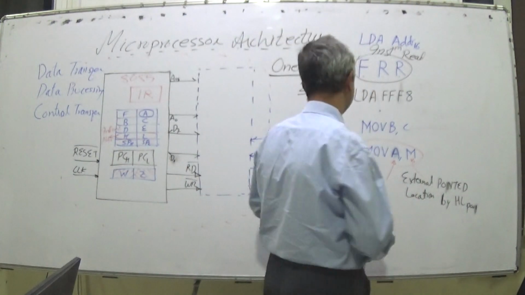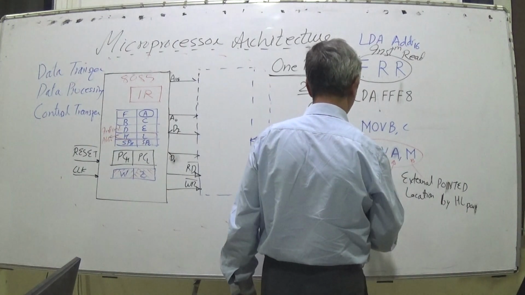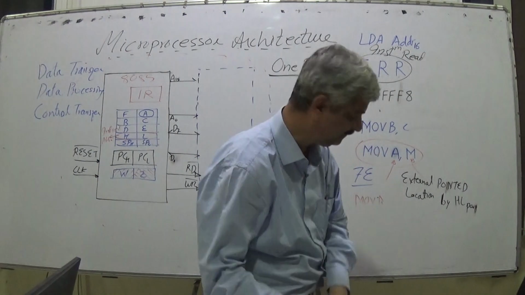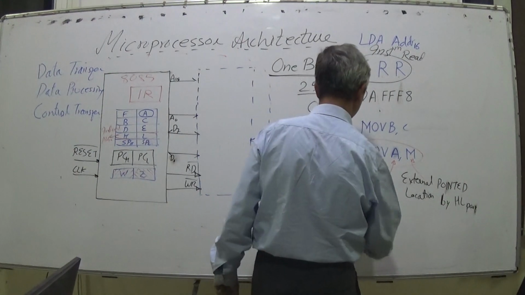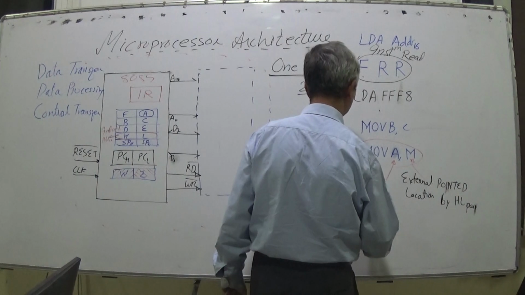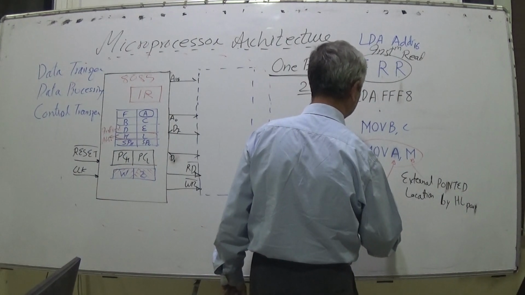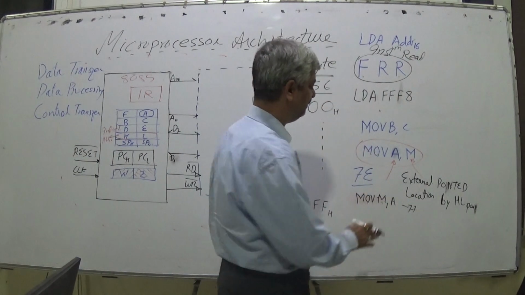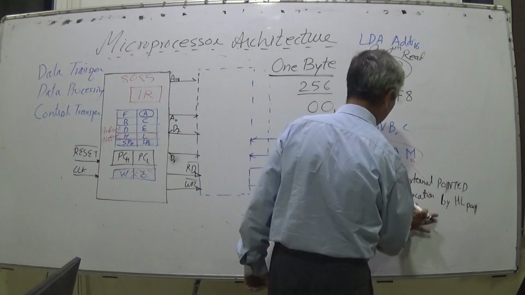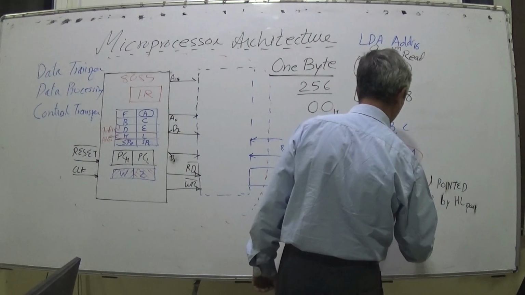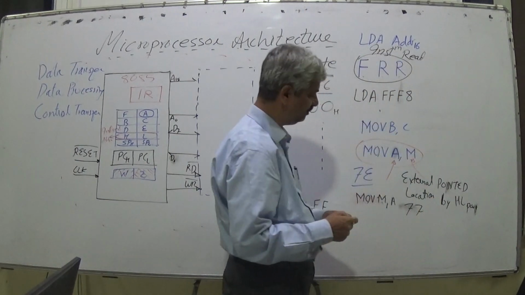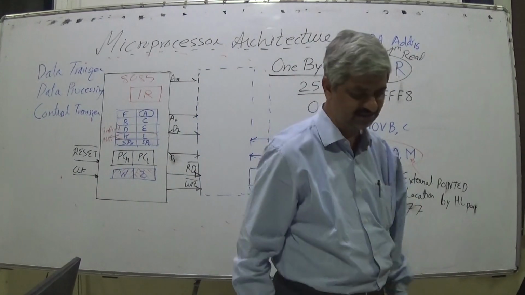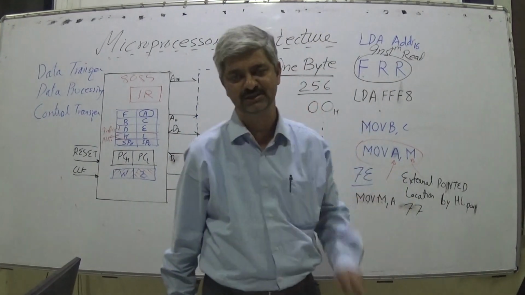Like that, there is another instruction, move M, E. That is 77. What will that do? Exactly the reverse: whatever is in the accumulator is stored into the memory location given by the HL pair. Again, a single byte instruction requires 2 machine cycles to execute.